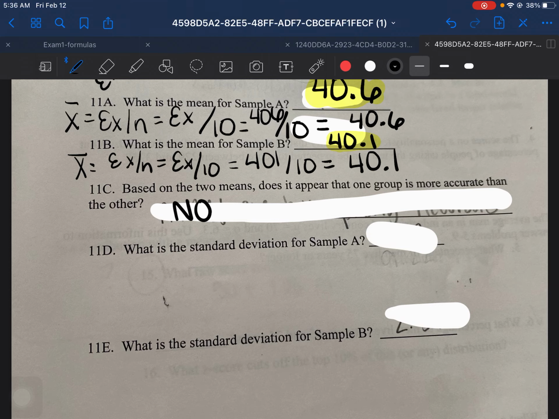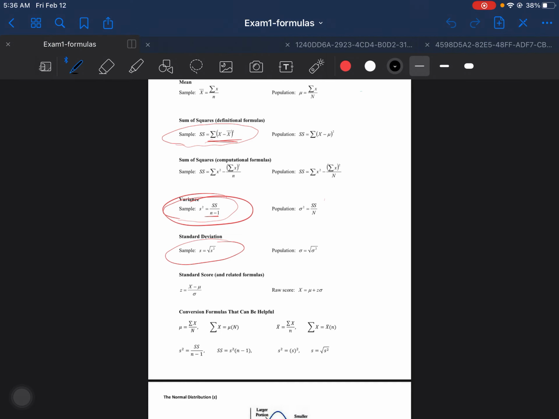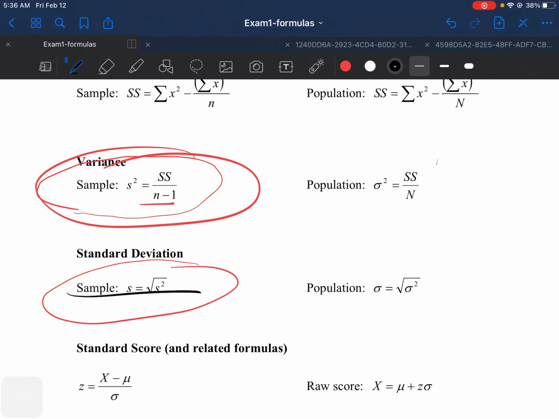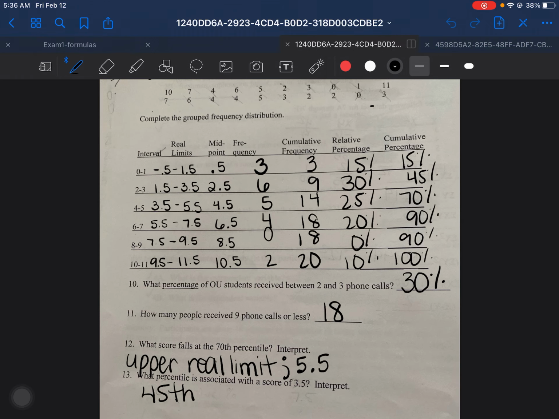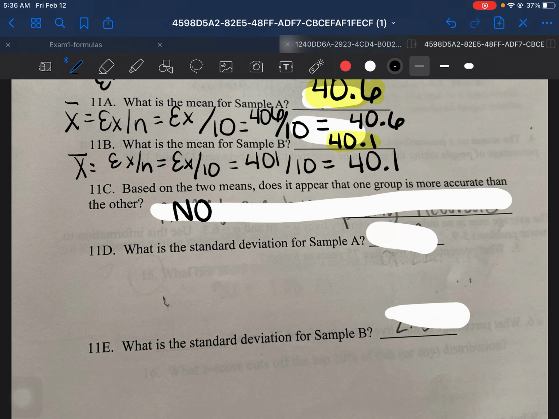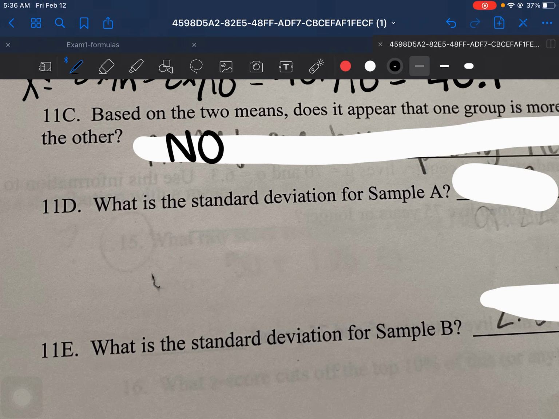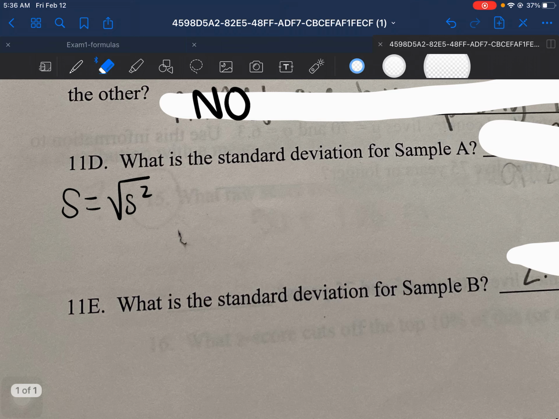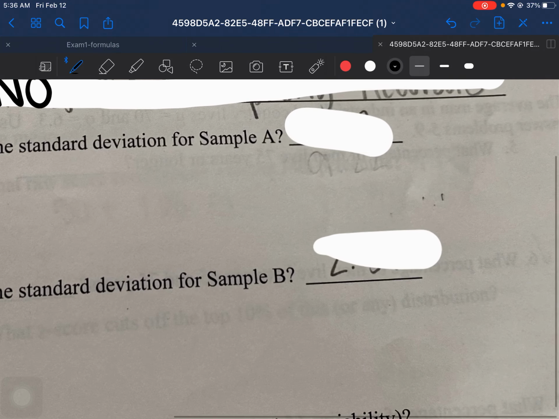So 11D here, this asks for the standard deviation for sample A. I'm going to go over to my formula sheet here. This is a sample, so we're going to use the sample formula. So it says, oops, sorry, that's an old one. It says s equals the square root of that. s is standard deviation.